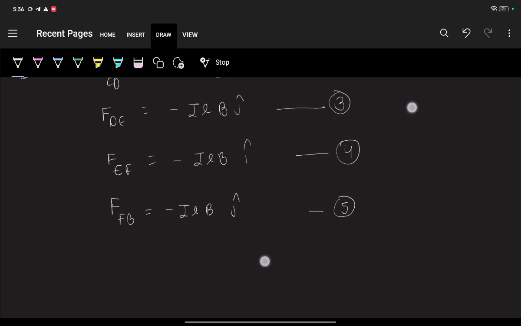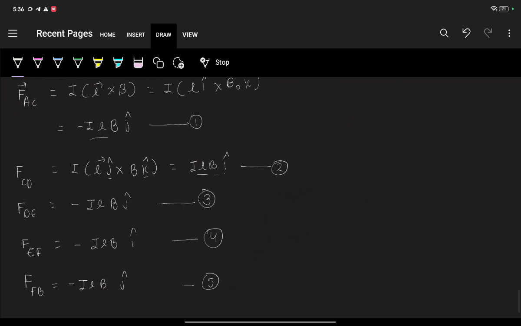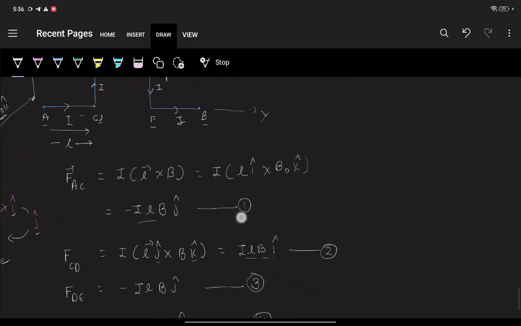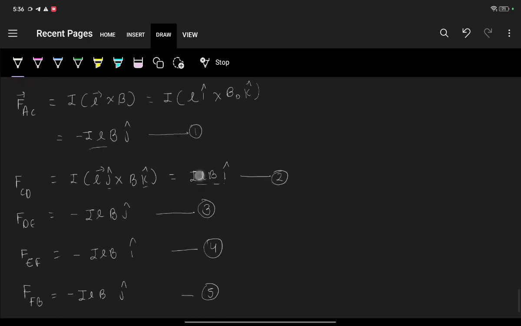Now let's find out the net force on this wire AB, and it would be the summation of all these forces. So F net would be minus ILB j cap, then plus ILB i cap, then minus ILB j cap, minus ILB i cap, minus ILB j cap.